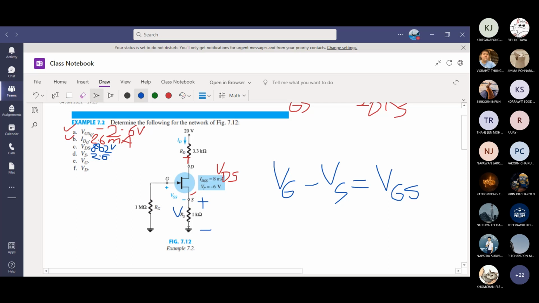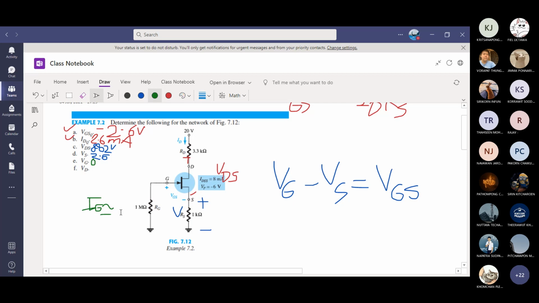VS is plus 2.6. What happens to VG? 0 volt. Is it correct? Yes, it's correct. Why? Because of the approximation IG equals 0.